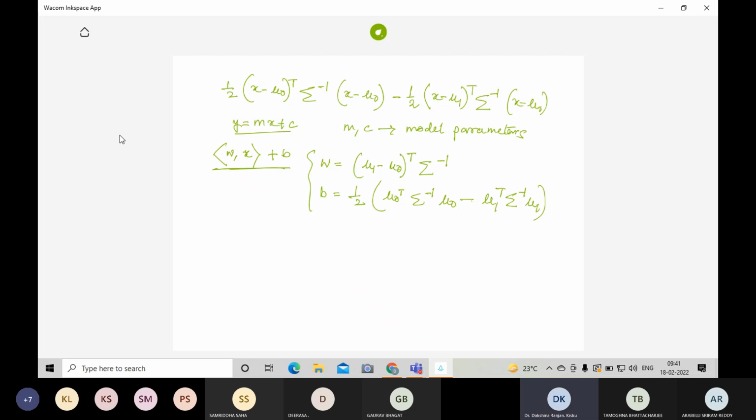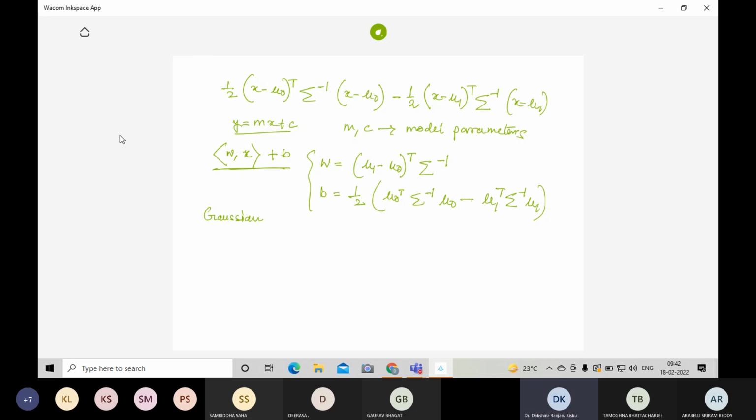Now we will talk about the Gaussian mixture model. Whatever we discussed about linear discriminant analysis, here it is not used as a data reduction technique. We are talking about linear discriminant analysis as a classifier, and this classification is done in terms of the estimated class density.